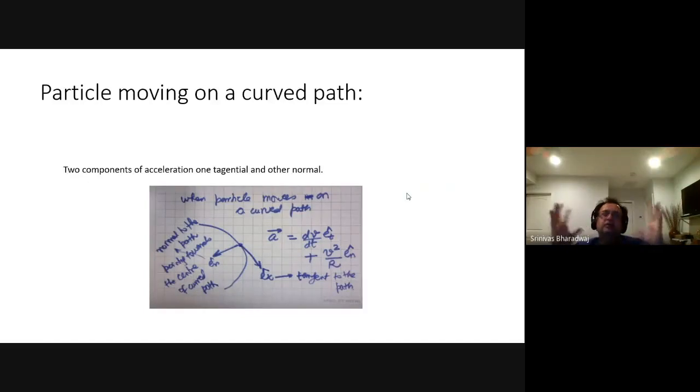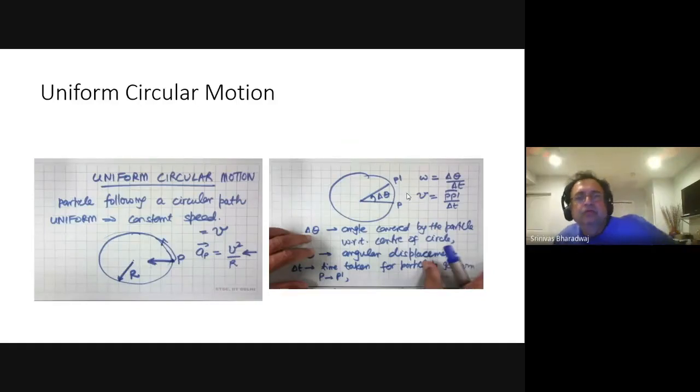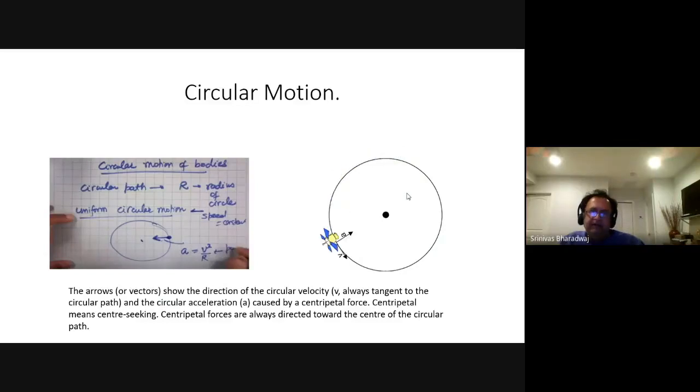In uniform circular motion, you have only the radial component, v square by r. We derived it in our lectures, and it will be in any textbook; Professor H.C. Verma definitely has how to derive this v square by r.